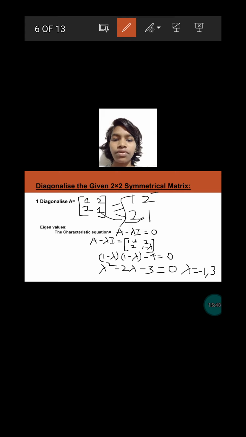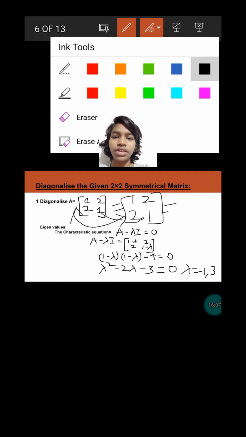Here, even if we interchange the rows and columns of matrix A, we get the same matrix, which is equal to A. So this matrix is symmetrical, and here we considered a 2 by 2 symmetrical matrix.